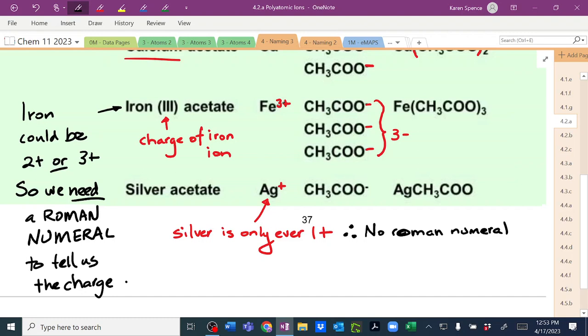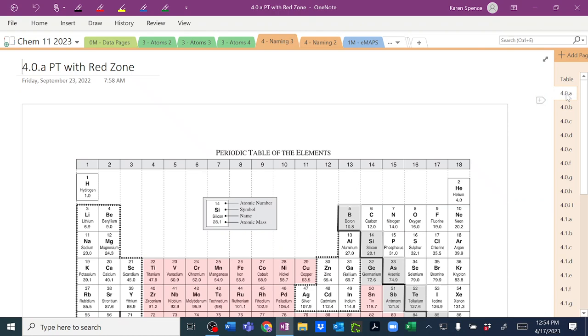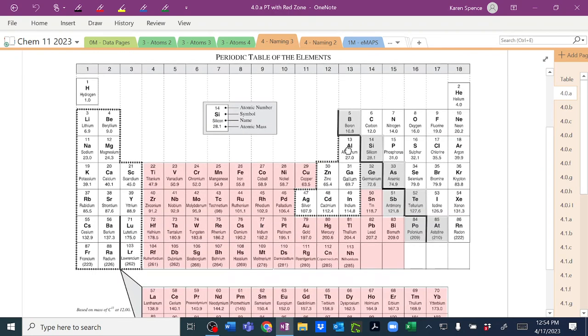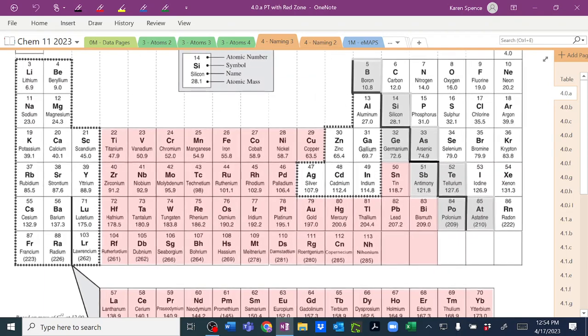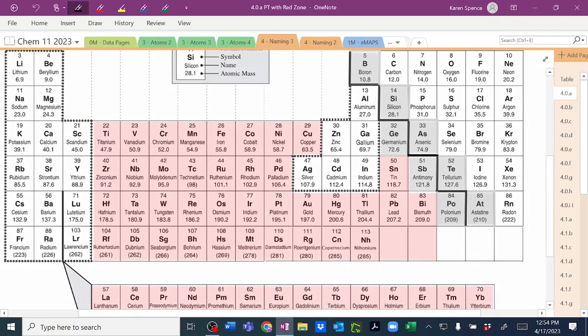So let's pop then to your periodic table. If you've got your yellow periodic table, if you don't have your yellow periodic table, you can flip to the first page of your workbook. Here we have this lovely periodic table, and you'll notice that the new different thing about this is we have this area that has been shaded in.